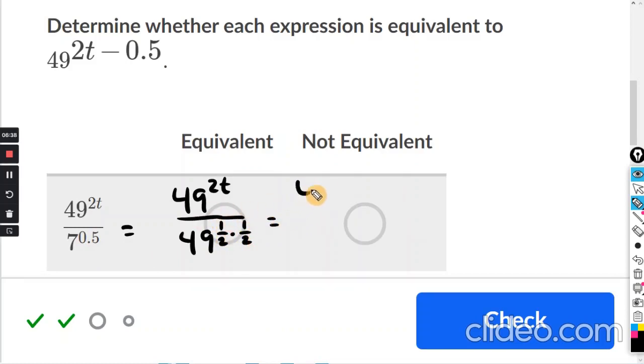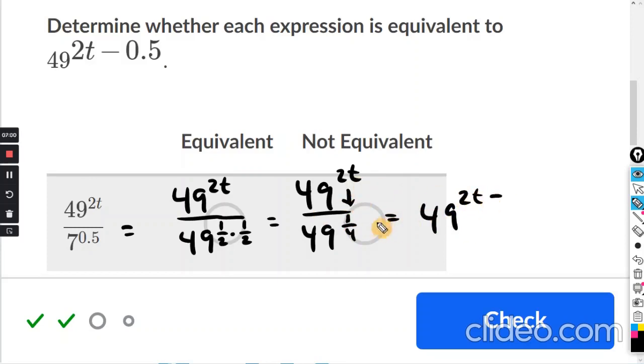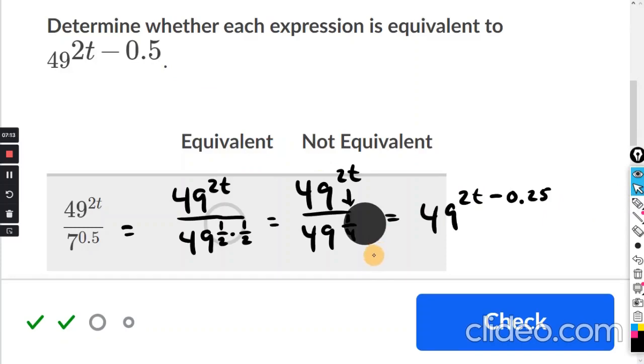So we have 49 to the 2t divided by 49 to the power of 1/2 times 1/2, which is 1/4. Subtracting the exponents going down, we keep the 49, and the exponent is 2t minus 1/4. 1/4 is the same as 0.25. So we can clearly see it does not match. The first one is not equivalent.